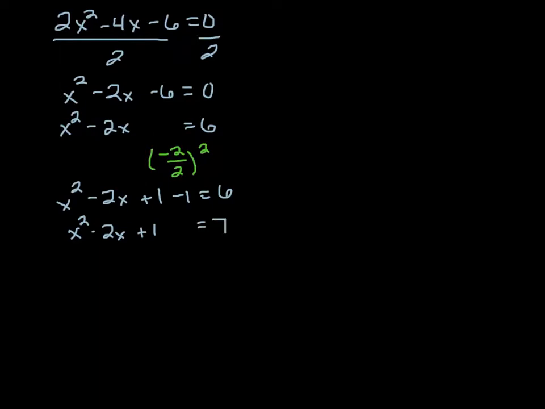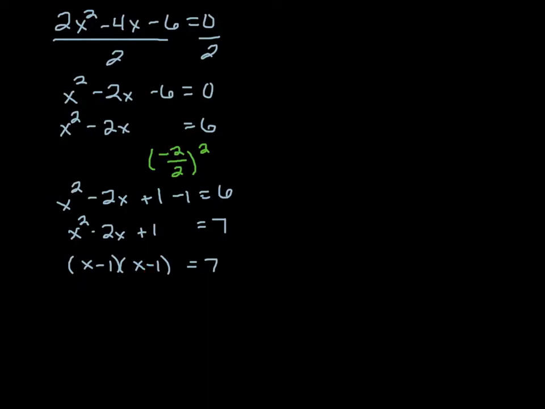Okay, now this is extremely factorable. We're looking at factors of 1 that add up to negative 2. So you need to multiply to 1 and add to negative 2. And remember, this number here is the same number as this number right here. Negative 2 divided by 2 is negative 1.